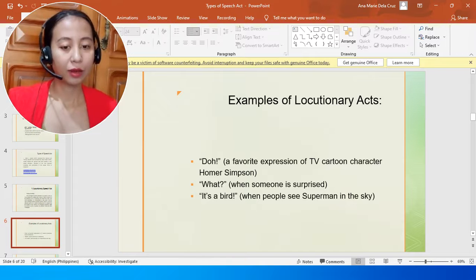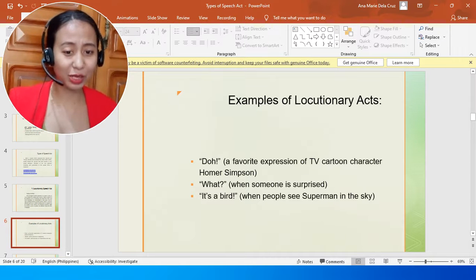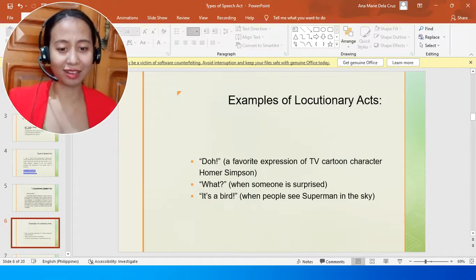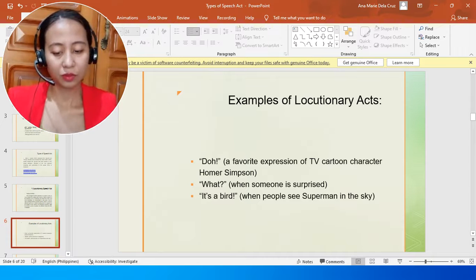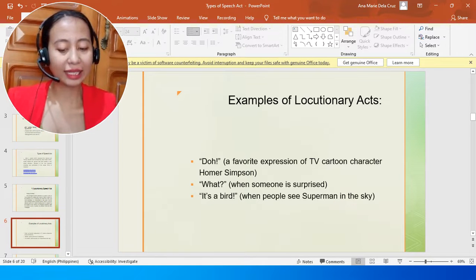Okay? You cannot say that if you're just producing a sound like blah blah blah, there is no meaning. That is not a locutionary act. Take note that locutionary act is just producing sound that has meaning.